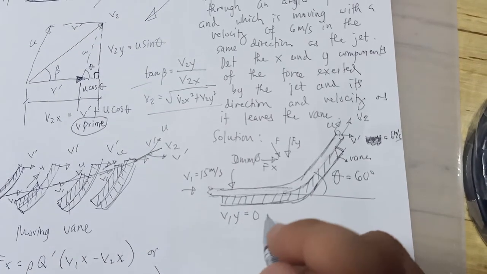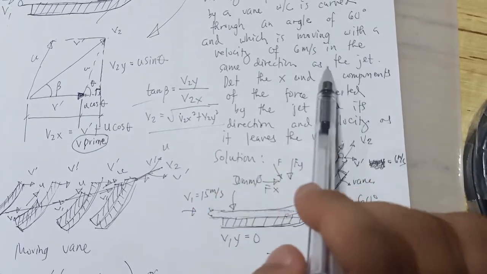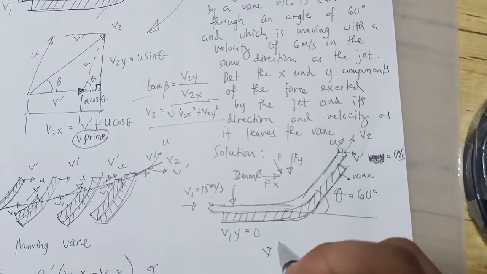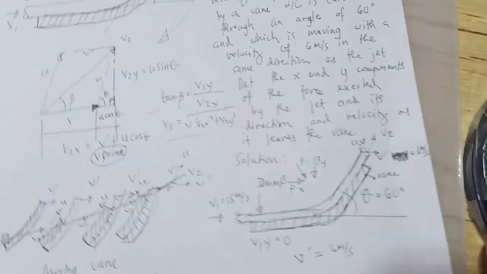So as this is stated, diba, which is moving with a velocity of 6 meter in the same direction as the jet. So v prime is 6 meter per second.